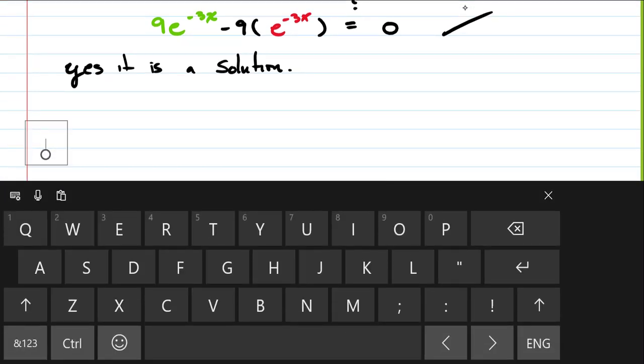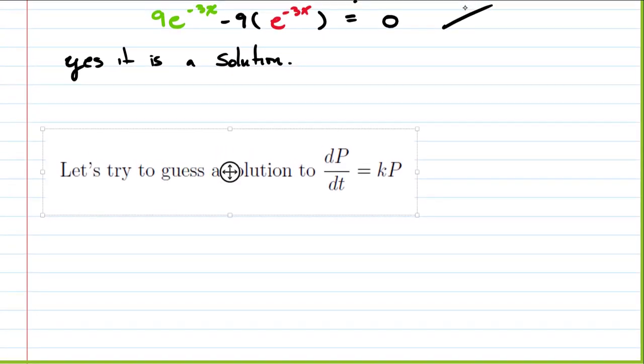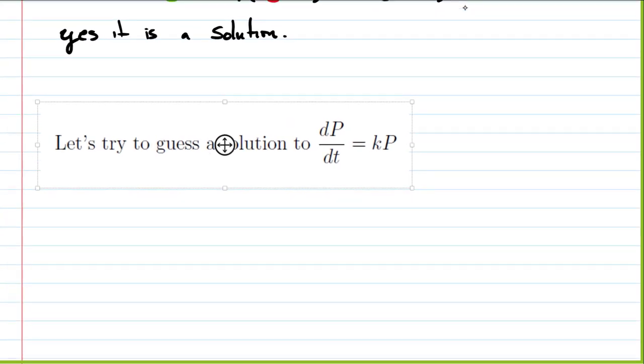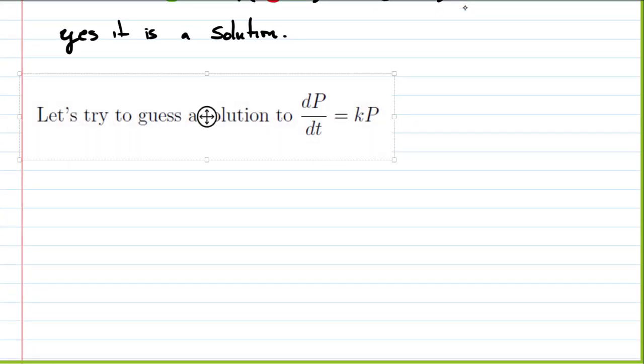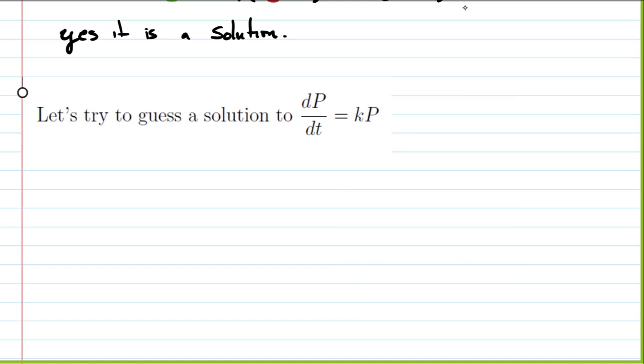But we will attempt to guess the solution to a certain differential equation. So this is the one we were talking about at the very, very beginning. So what does this differential equation say then? It says that the derivative is equal to a constant times the original function.